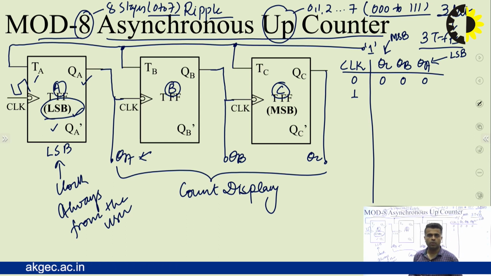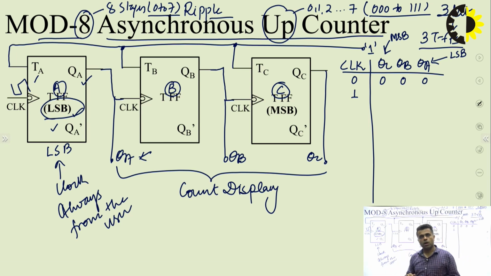That's the truth table of T: if T is equal to 0, output will not change; if T is equal to 1, output will toggle. So all flip-flops are already connected in toggle mode, just waiting for the clock pulse. And this flip-flop will always be getting the clock because it is provided by the user. So the output of T flip-flop A, the first flip-flop, toggles from 0 to 1.